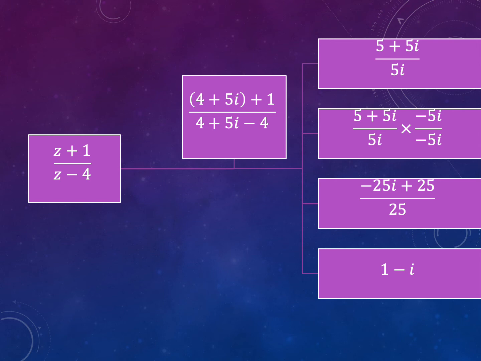The complex number at the denominator is 5i, so the complex conjugate is negative 5i. Multiplying the numerator and denominator by negative 5i, we obtain negative 25i plus 25 over 25. Simplifying, the final answer is 1 minus i.